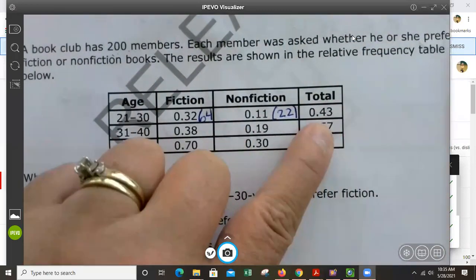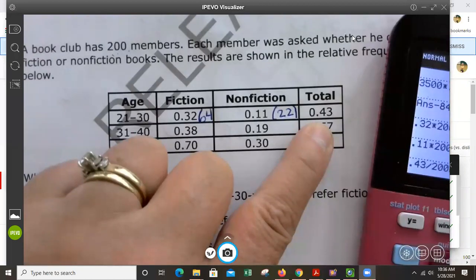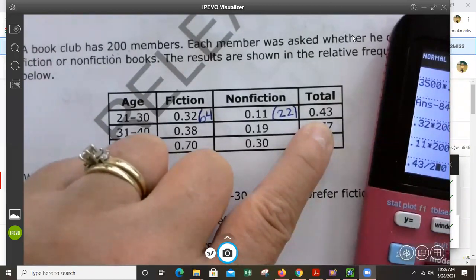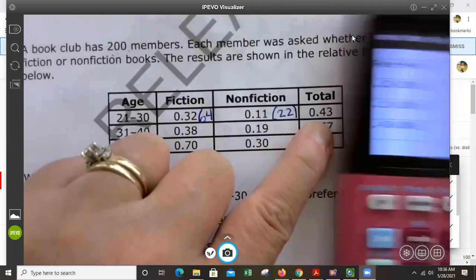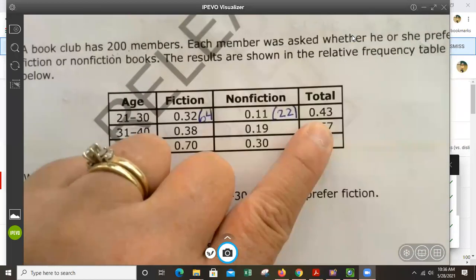If we take the total, 0.43 times 200, what do y'all tell me? What do we get? I did something wrong. No, I did 86.